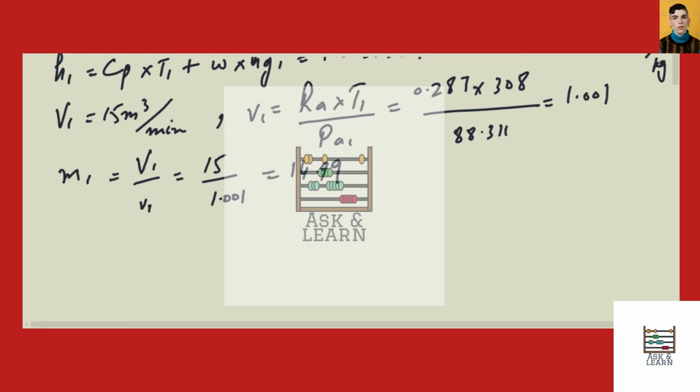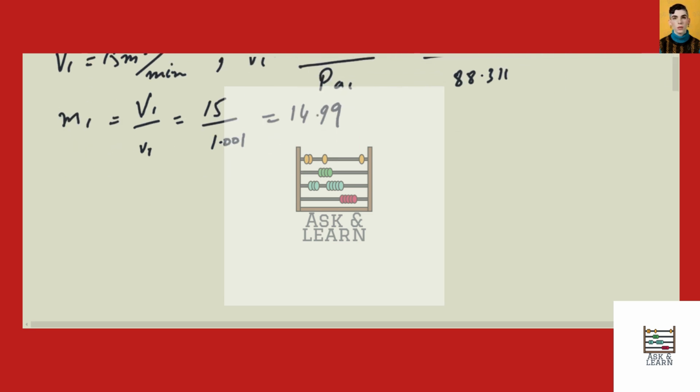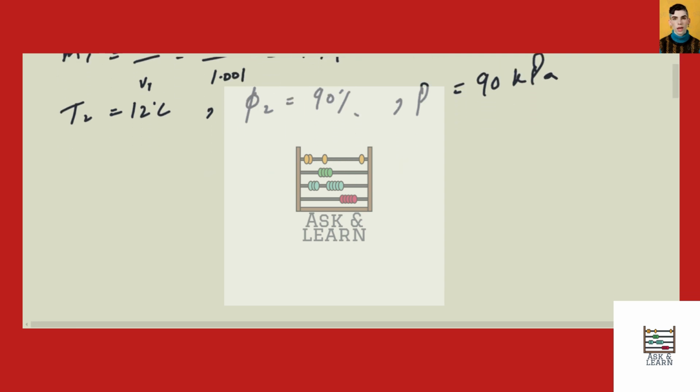So moving further, guys, we will also need the same parameters for the second flow. First, we need to use the given temperature, that is T2, which is equal to 12 degrees centigrade, and relative humidity, that is phi2, which is equal to 90%, and the pressure P is equal to 90 kilopascal. To determine vapor pressure PV2, and from that the dry air pressure PA2.